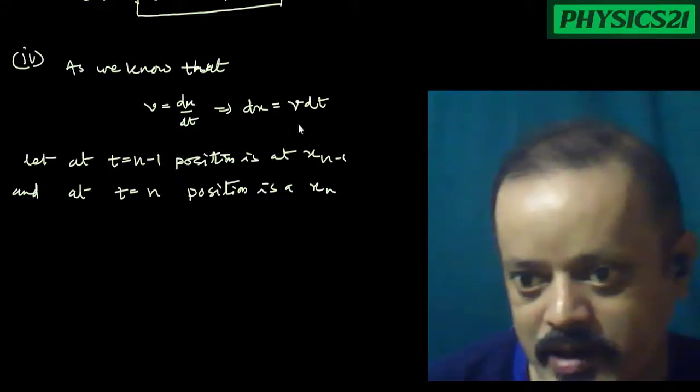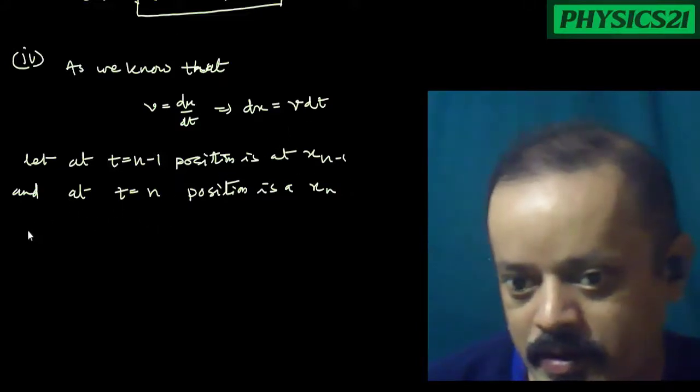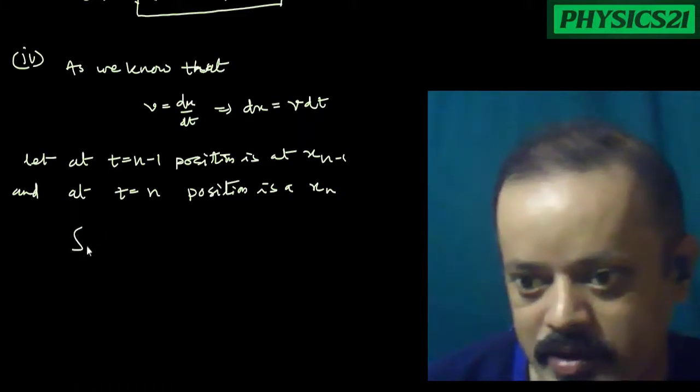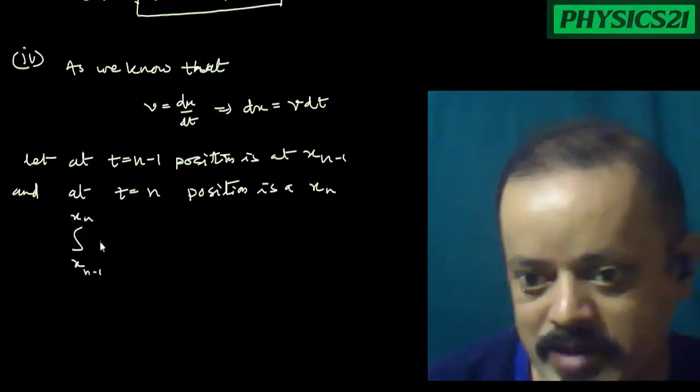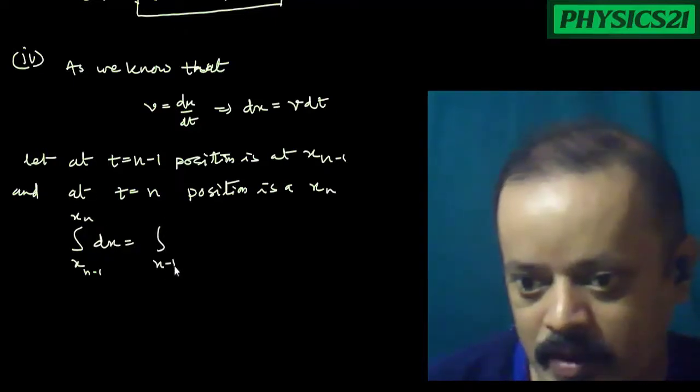So we integrate the above equation as integration x n minus 1 to xn dx is equal to integration n minus 1 to n v dt.